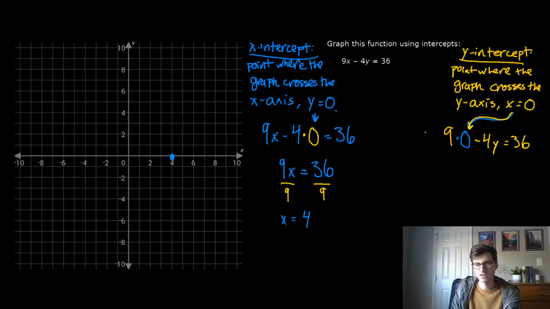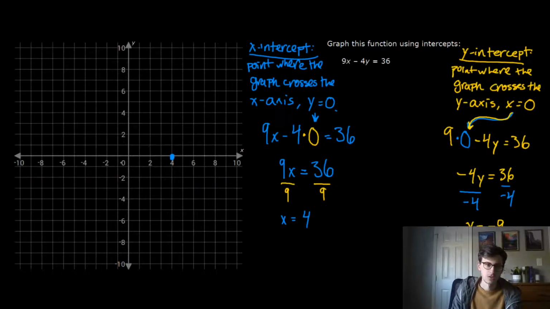So I decided x is 0, and let's figure out what y is. Well, 9 times 0 is 0, so negative 4y equals 36. If I divide both sides by negative 4, y equals 36 divided by 4, which is 9, and that 4 is negative, so it's negative 9. So then on this graph, y is negative 9.